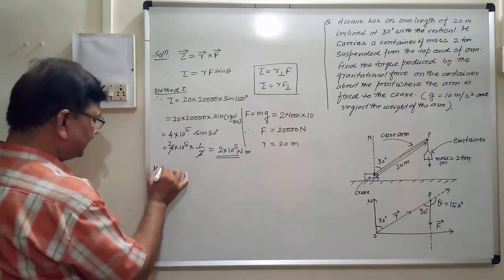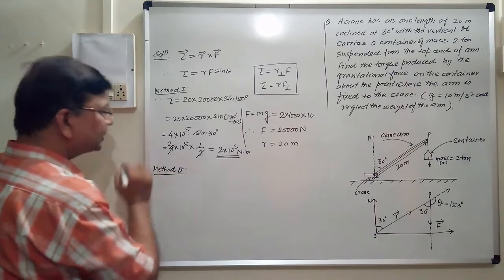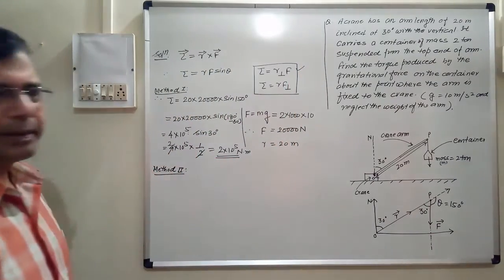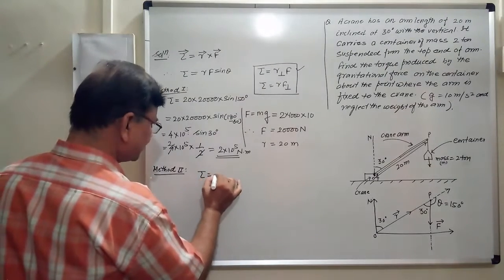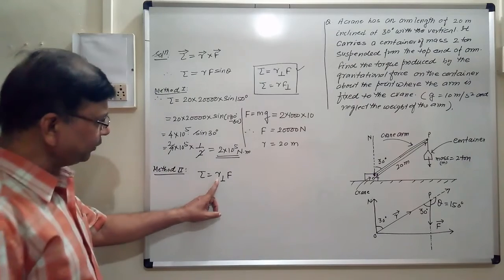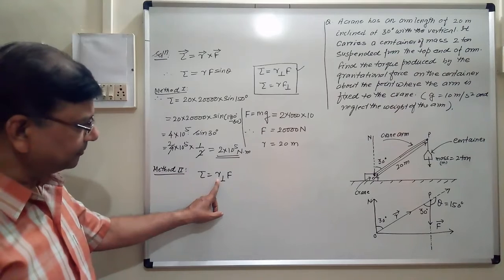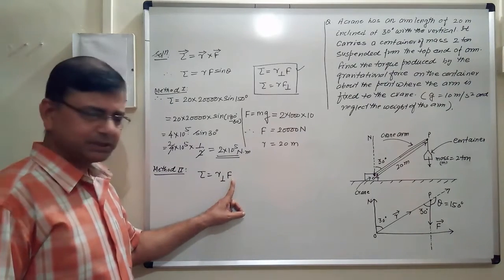Now we will go for method 2. Method 2 means I will use this formula: tau is equal to R perpendicular into F. R perpendicular means what? The component of the length of the arm, that is the position vector, perpendicular to the force.